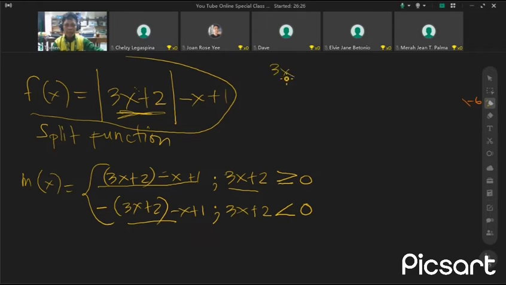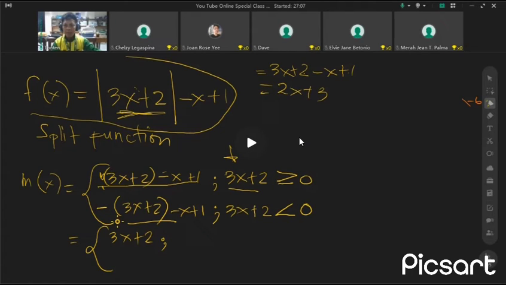We have 3x plus 2 minus x plus 1 equals 3 minus 1, that is 2x, 2 plus 1, that is 3. Yes, for the positive side, we have 3x plus 2. And by the way, nakalimutan ko, I haven't mentioned this to Chelsea a while ago, that the absolute value function is similar to a piecewise function, wherein there is the situation, this one, and there is the restriction. Now we go back here.